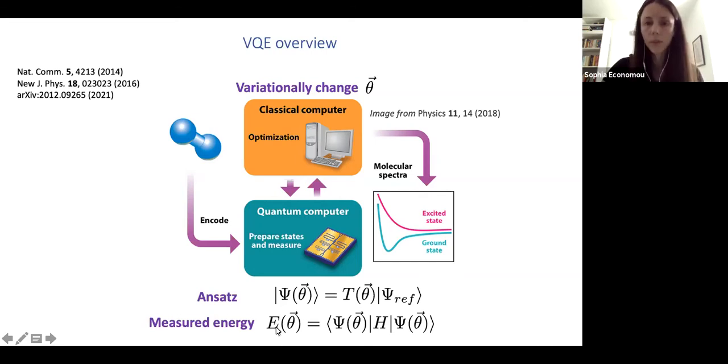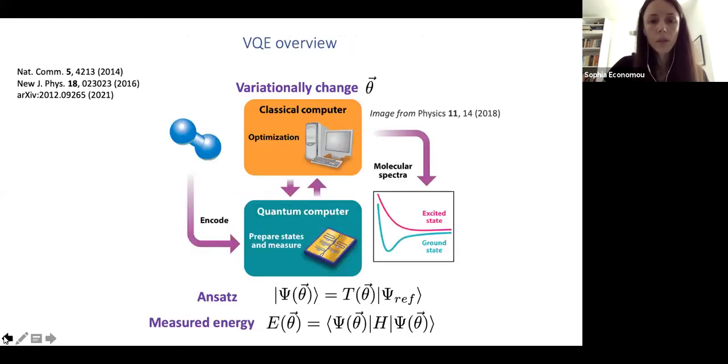So of course this will depend on theta, and it will also depend on the form of this psi, which is to say the form of this T. And then you feed this information into the classical computer, you vary theta, and then you optimize over theta, such that hopefully you reach at least close to the ground state energy.